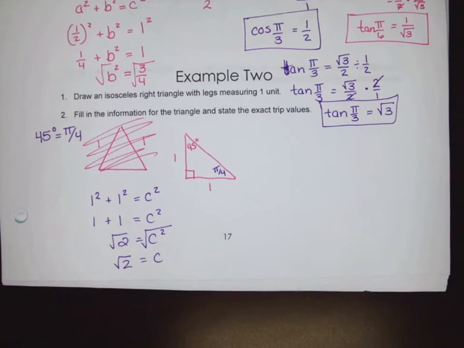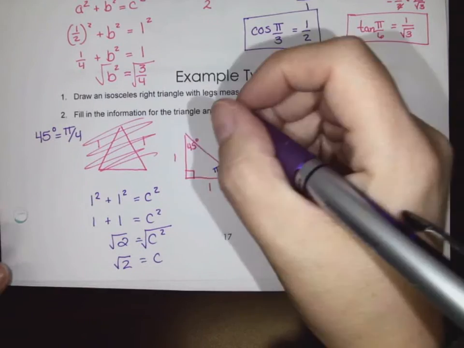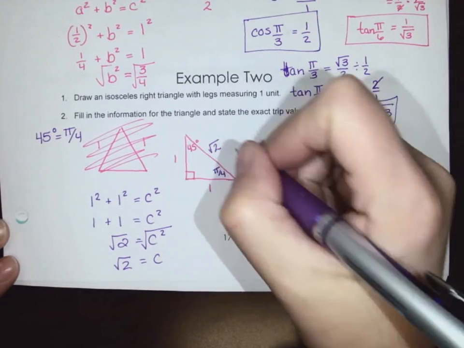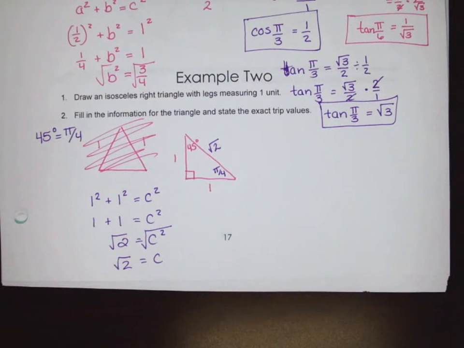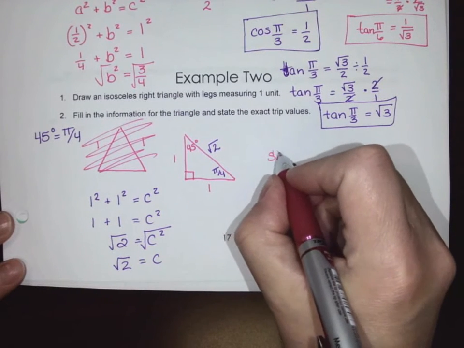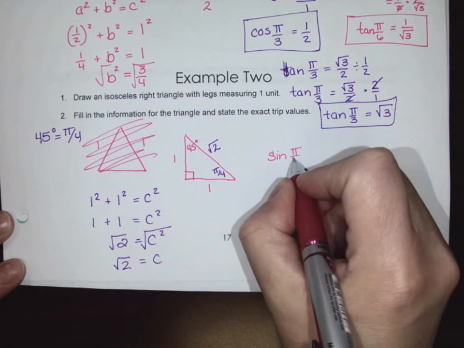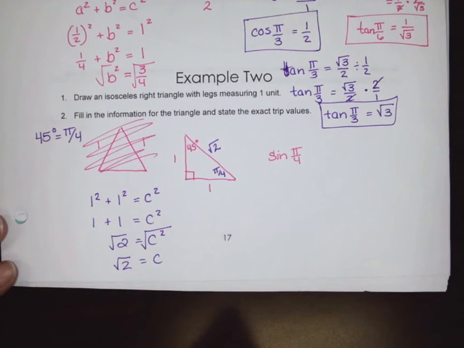And again, root 2 isn't a nice number to square root, so we're just going to leave it as root 2. So we know that the hypotenuse is root 2. Okay, let's do sine of pi over 4. If it asks for the exact trig value, you do this sine, cosine.